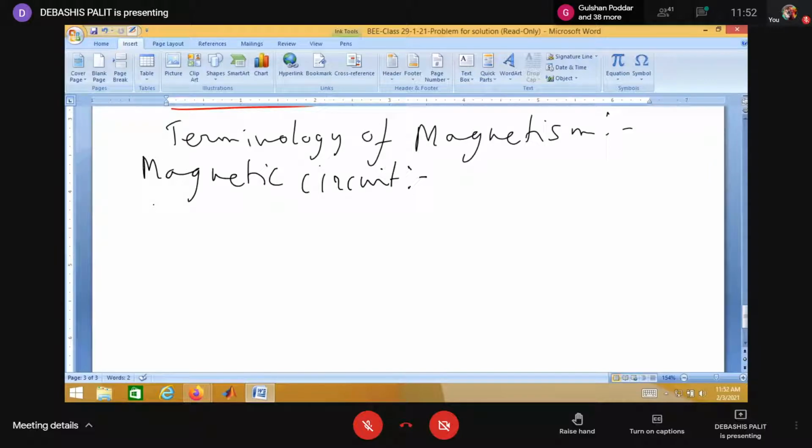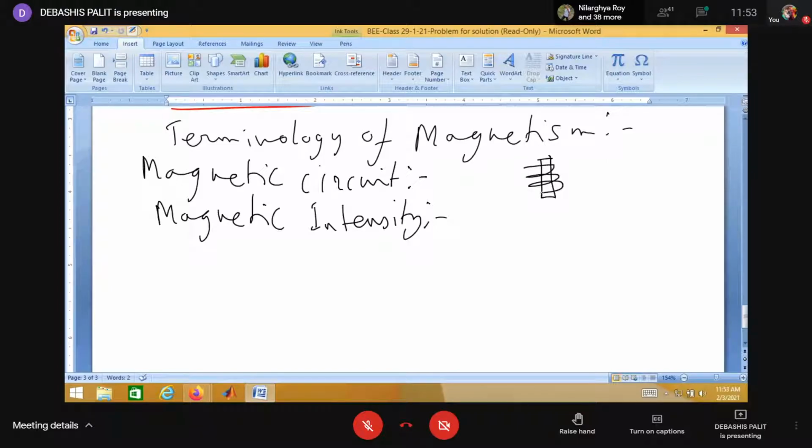Next, the magnetic field intensity. If there is a solenoid like structure with a flow of current, there is a formation of N pole and S pole.